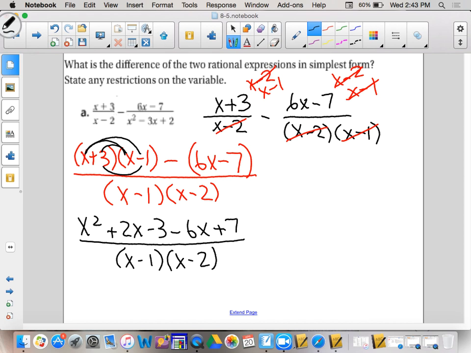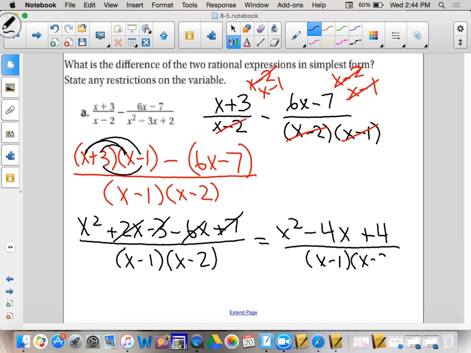Is there anything that I can combine on top? So I can combine my x's, which would be 2 minus 6 gives me negative 4x. And then negative 3 plus 7 gives me positive 4. And then x minus 1, x minus 2.